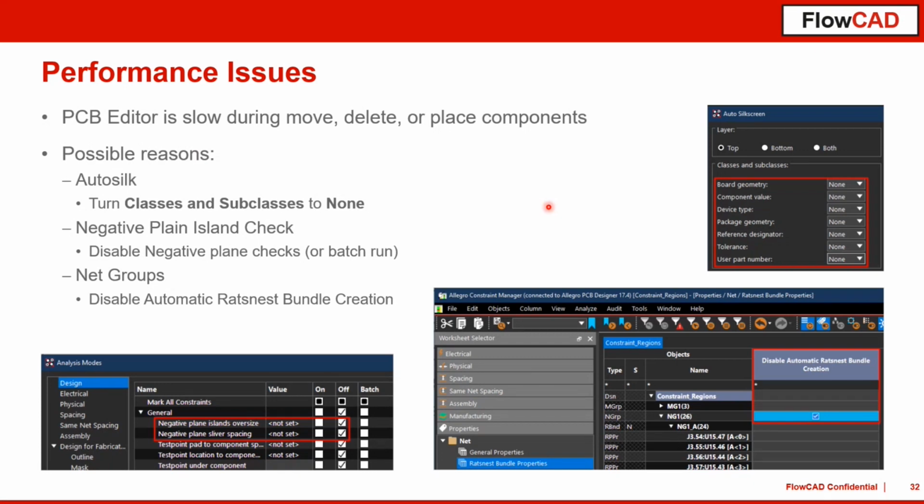And this can really slow down the PCB editor. Quite frequently this issue is reported on the hotline, that the PCB editor is reacting really slow when moving components. And these are three different things you should check.